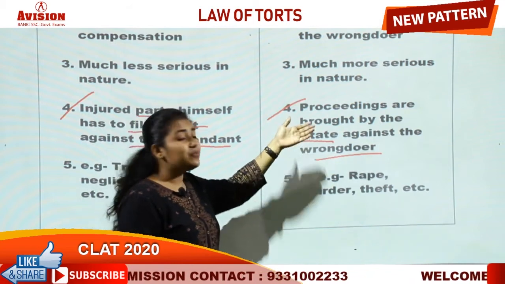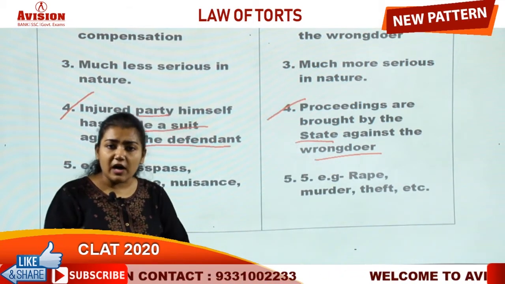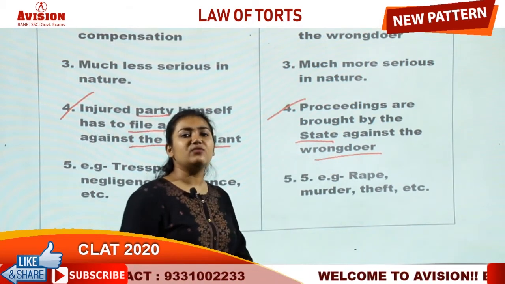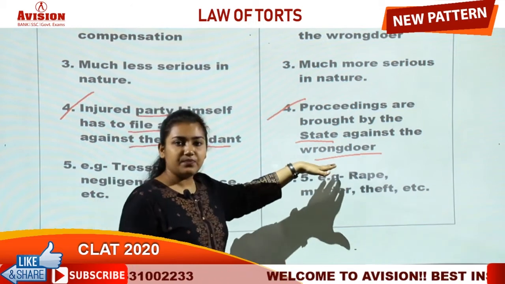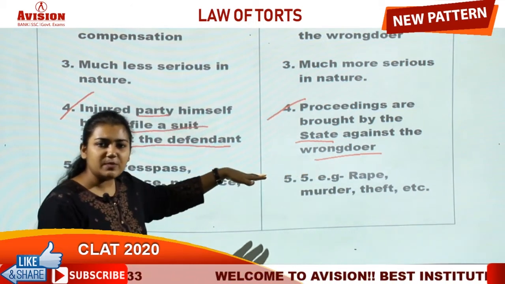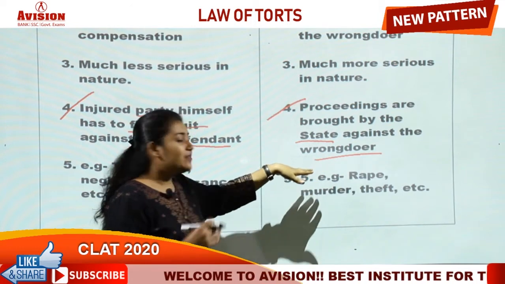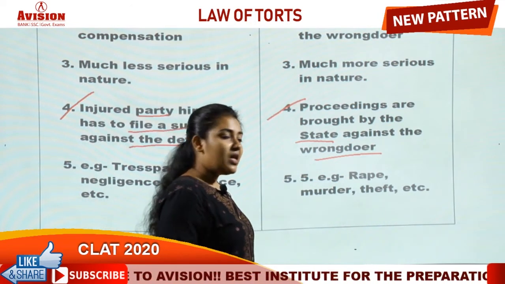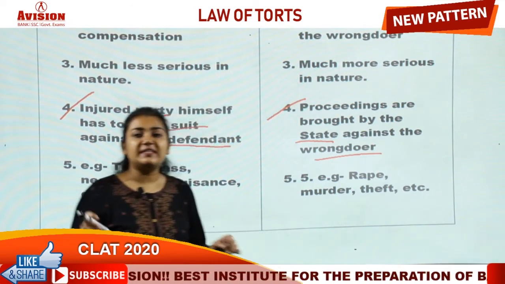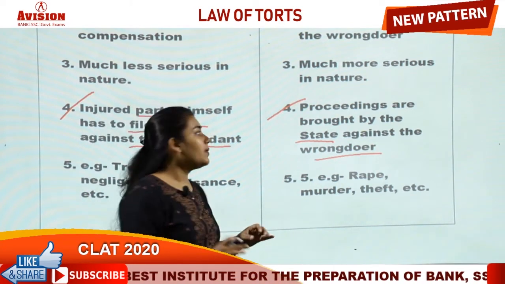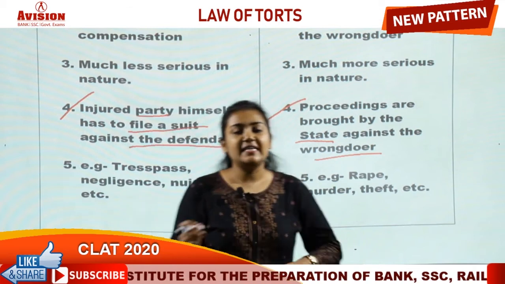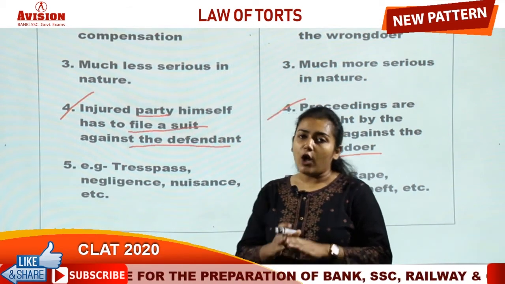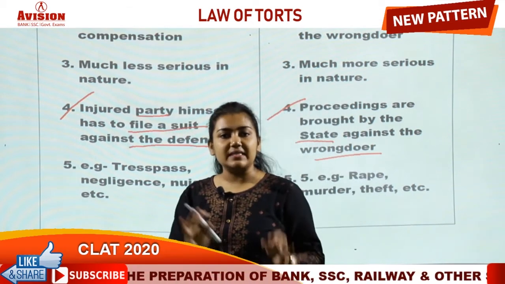The state will come in favor of her and continue the proceedings against the wrongdoer. The state will take the responsibility to punish the rapist. No responsibility lies with the injured party in case of a criminal wrong. All the responsibilities are borne by the state.